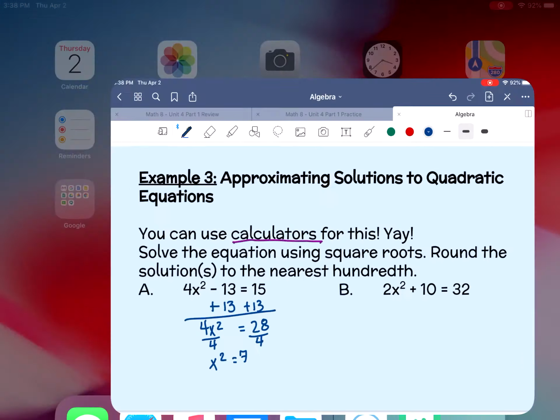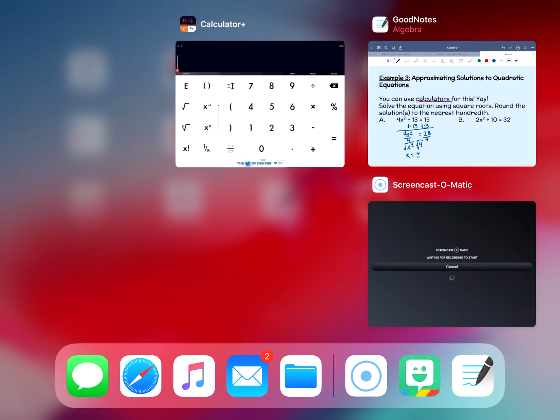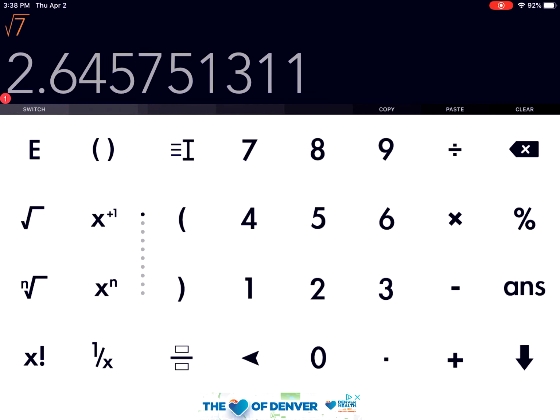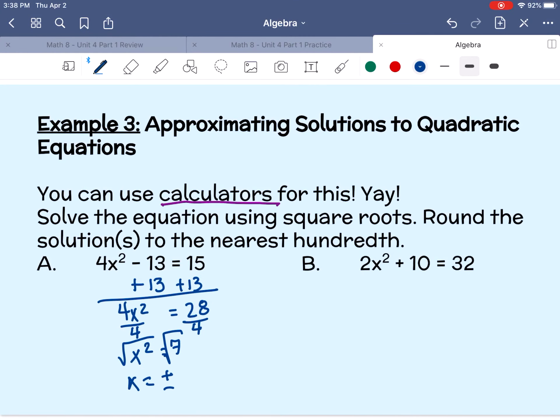Okay, and when we square root both sides, we're going to get x equals positive negative the square root of 7, which is 2.645. So when we round that to the nearest hundredth, we get 2.65. So our two solutions, x equals positive or negative 2.65.